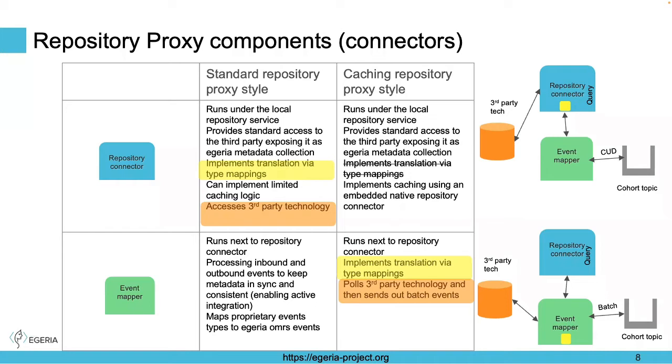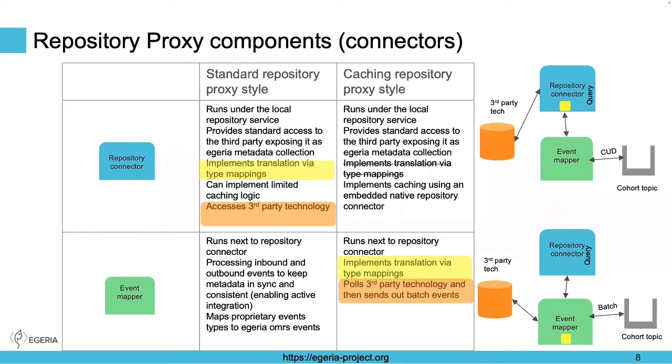On the other side, we can see the slightly new, improved, or advanced repository proxy style of implementation, and this has a slightly different approach. Some of the responsibilities are delegated to the event mapper, and some mapping logic happens there, with the addition of a caching layer in between and the ability to poll metadata.